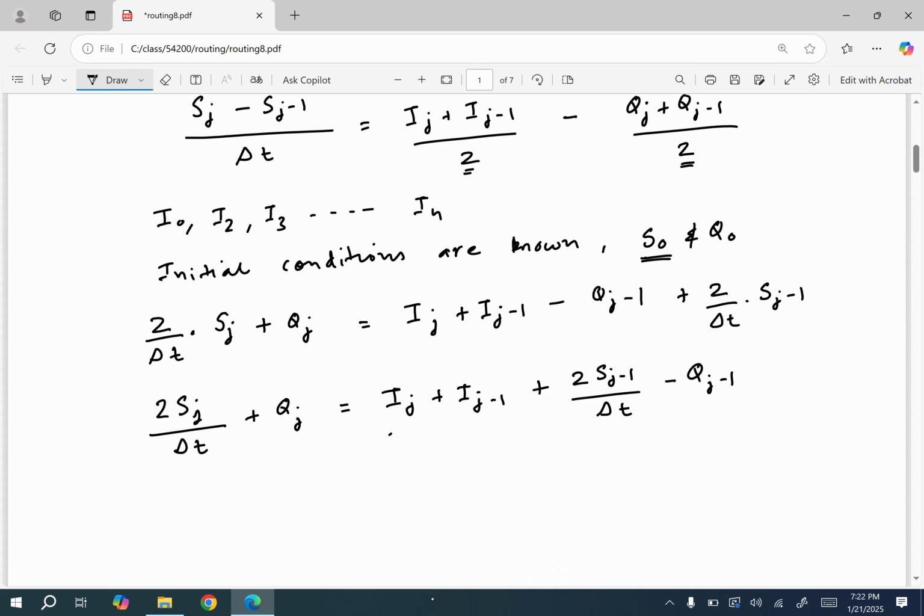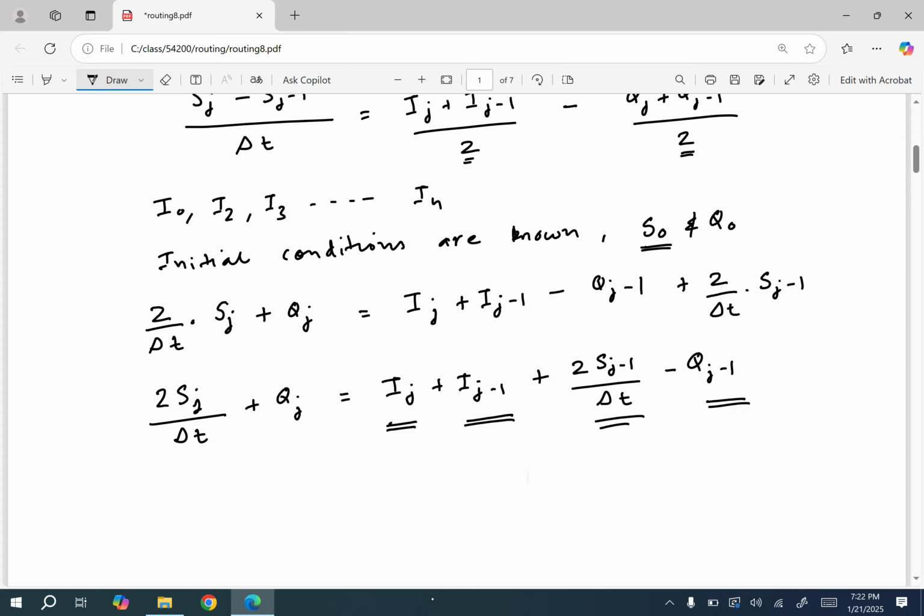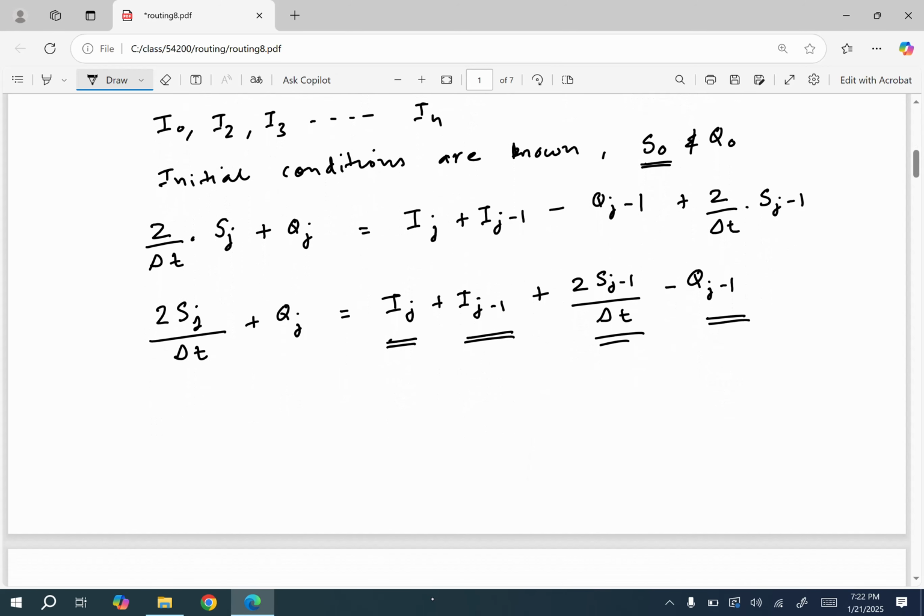As I said, all the I's are known, so Ij is known, Ij-1 is known, and if we are solving this for Q1, then we also know S0 and Q0. So for the first time step, we know all these values, which means you end up with an expression where you have this part known and this part unknown, 2Sj over delta t plus Qj.